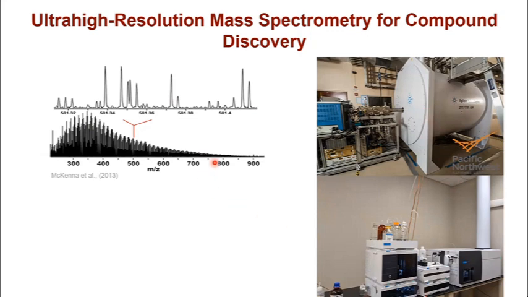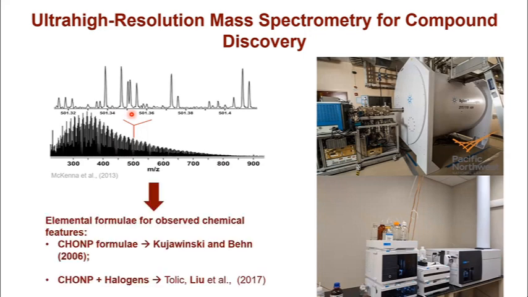Ultra-high resolution mass spectrometry: if we think of DOC as one black box, then ultra-high resolution starts to unpack it into a bunch of peaks that we call features, because until we identify them, we really can't say that is a compound. The idea is that within one nominal mass, it can resolve many different peaks accurately, which enables formula assignment.